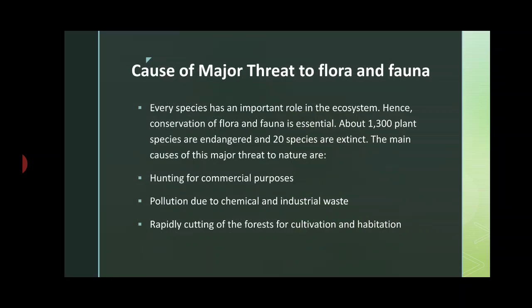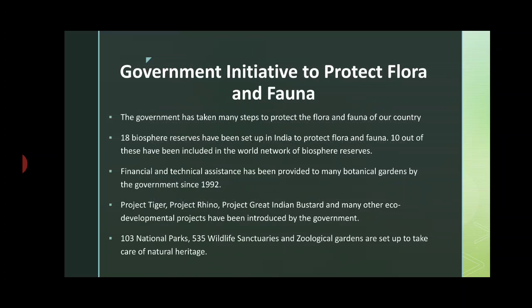The main causes of the major threat to nature are hunting for commercial purposes, pollution due to chemical and industrial waste, and rapid cutting of forests for cultivation and habitation. Now, the government initiative to protect flora and fauna. The government has taken many steps to protect the flora and fauna of the country.